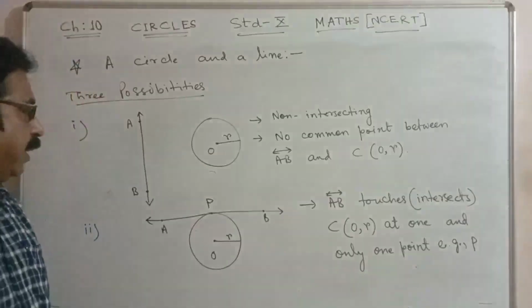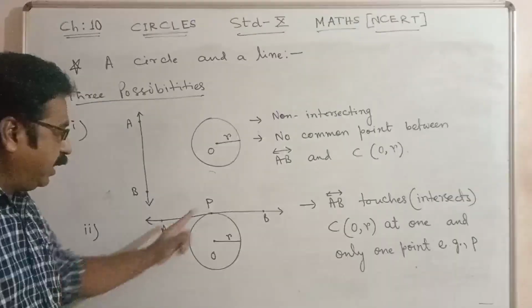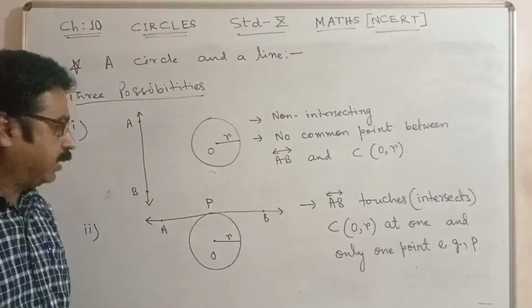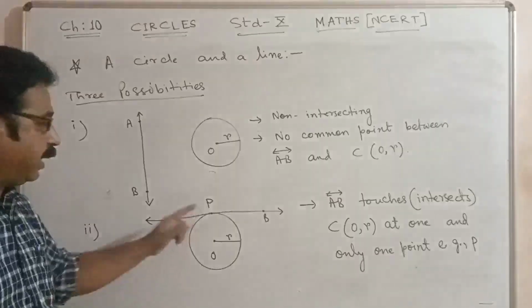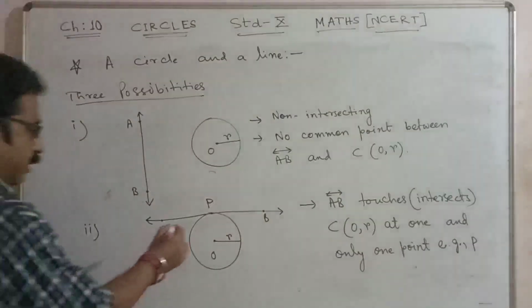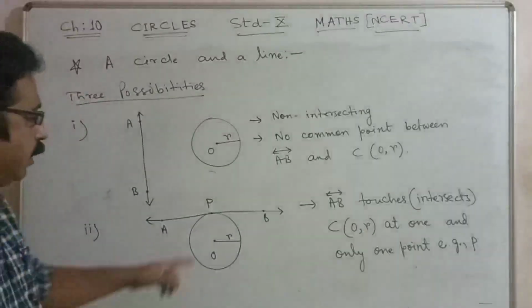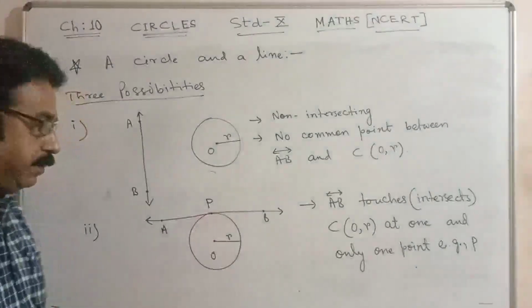Now one question may arise. For this point P, how many tangents can we get? The answer will be one and only one tangent. In a circle, infinitely many points are there.